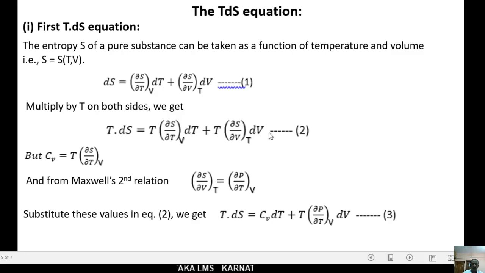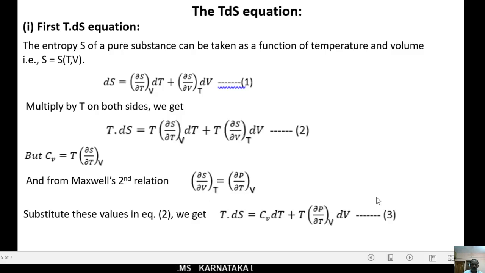Hence equation 2 becomes: LHS T dS equals the RHS, T (∂S/∂T), which is Cv, the specific heat of gas at constant volume, plus T times ∂S/∂V, which by Maxwell's second thermodynamic relation is replaced with ∂P/∂T, dV as it is.